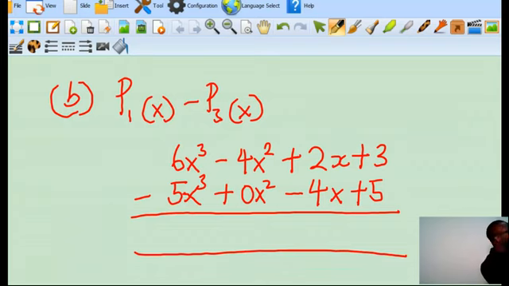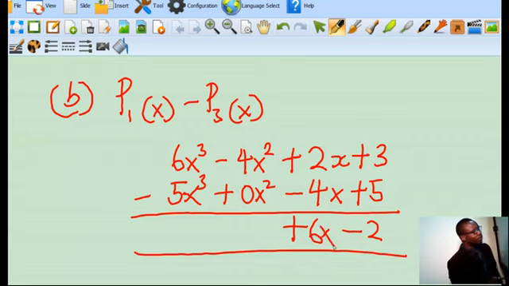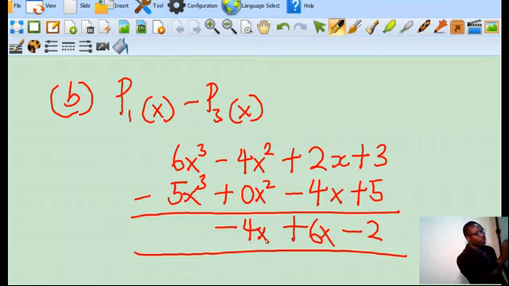Now, here we start: plus 3 minus plus 5. It becomes plus 3 minus 5. That means we have minus 2, right? Now, plus 2x minus 4x becomes plus 2x plus 4x, that is plus 6x, and here minus 4x squared minus plus 0x squared becomes minus 4x squared minus 0x squared, that is minus 4x squared.